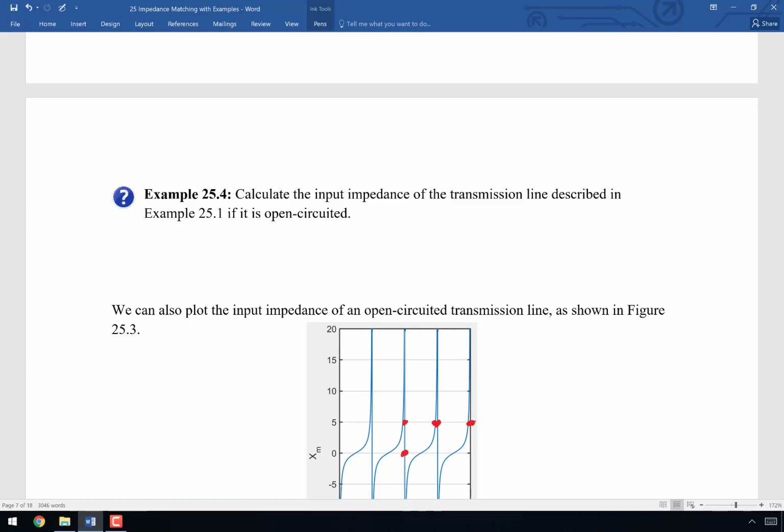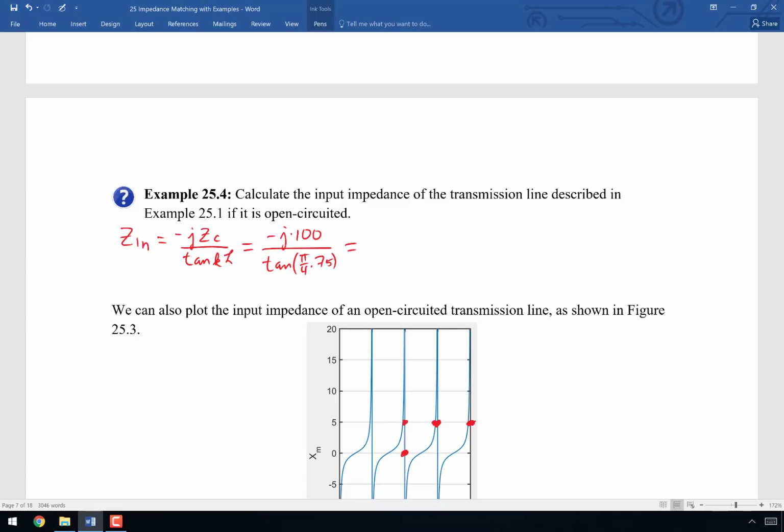Let's go back up and hit this example 25.4. The input impedance of the transmission line described in example 25.1 if it is open-circuited. So we're really getting a lot of use out of that transmission line. Because I don't have a cotangent button on my calculator, I'll use negative j Z sub c divided by the tangent of kL, which is negative j times 100 divided by the tangent of pi over 4 times 75.